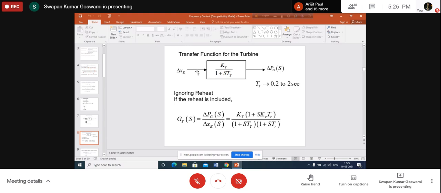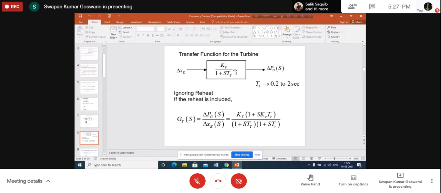So delta XC is the opening of the steam valve, so more steam is entering into the turbine. If the opening is increased, then this steam is converted into power. Which power? Now it is mechanical power. Obviously, Kt by 1 plus S time Tt is the transfer function of the turbine, and the time constant is of the order of 0.2 to 2 seconds.